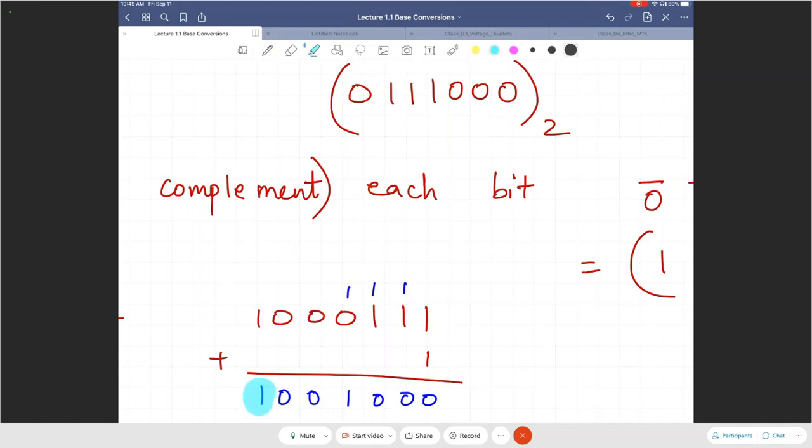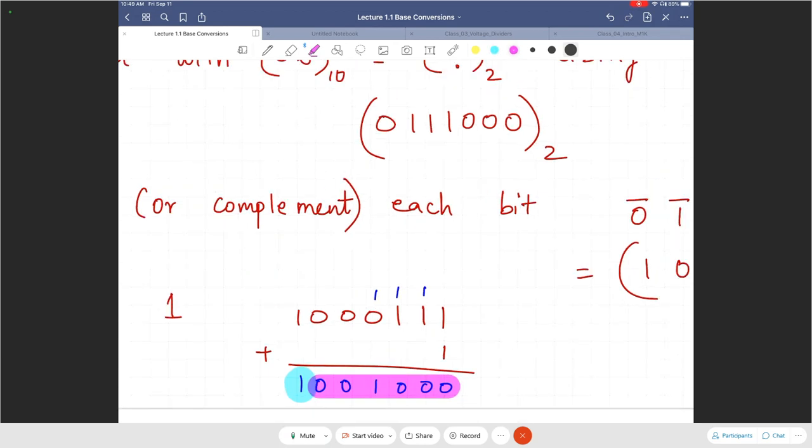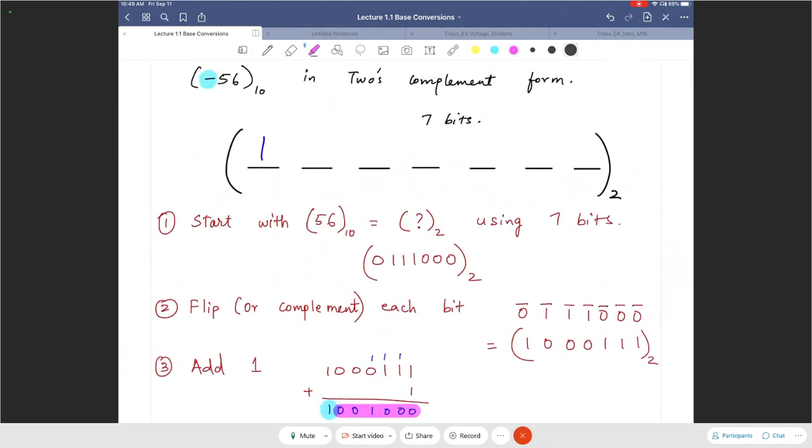That was my sign. That is my number. That's your answer: 1, 0, 0, 1, and 3 zeros.